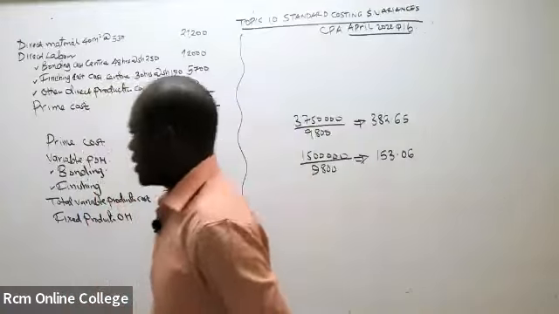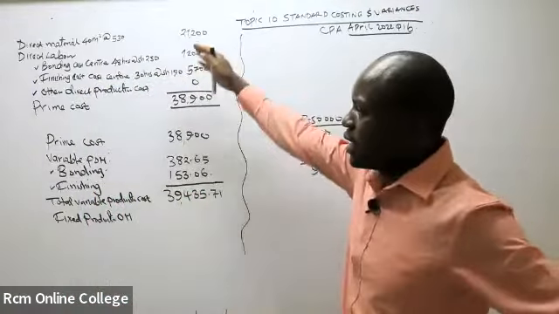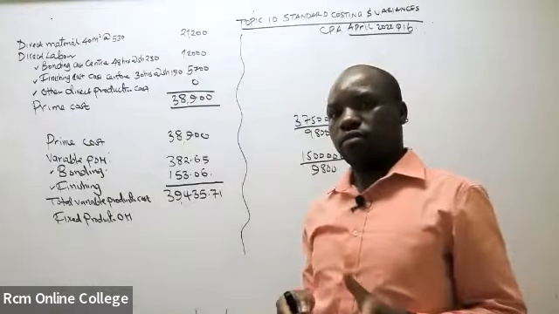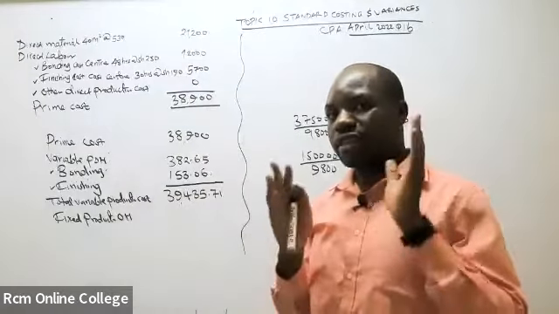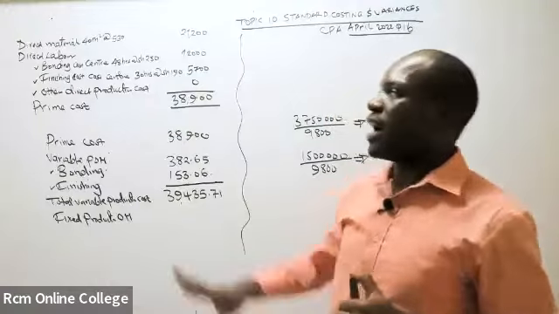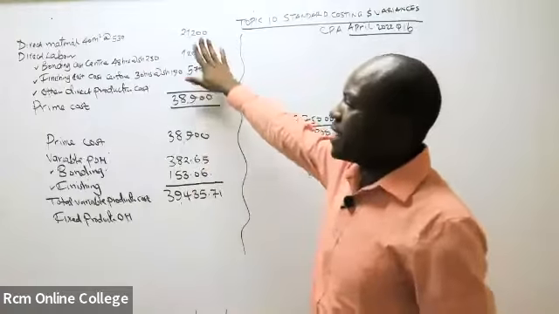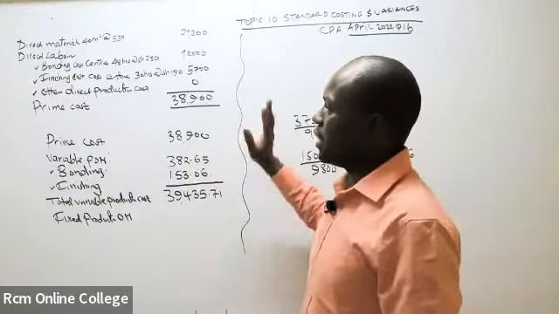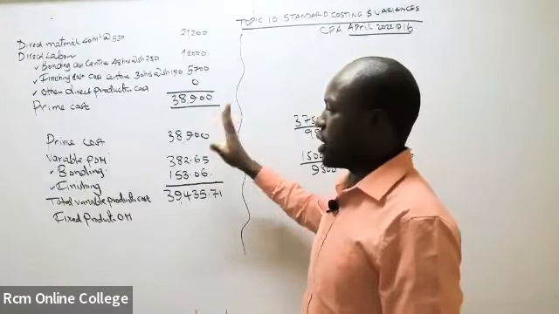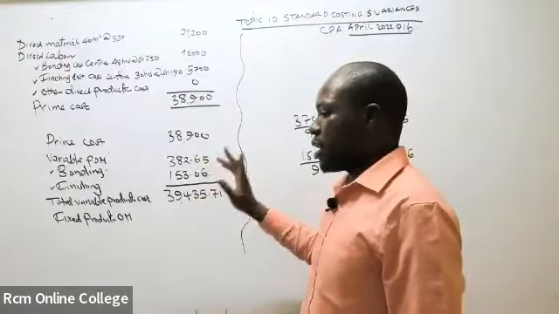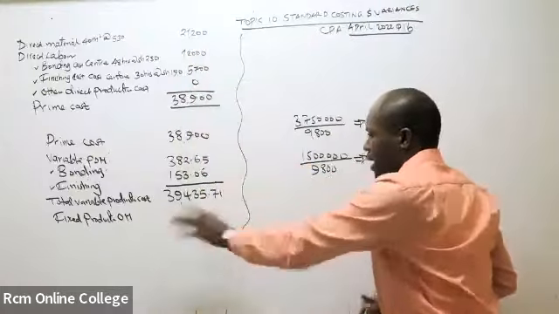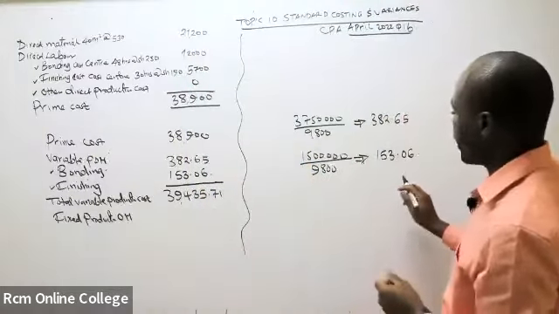Now, what you need to understand is what we are having here is as per the budget. So as per the budget, these figures will not change. What we are trying to do is just make sure that we get cost per unit. If you are given standards here, then you are told to get overheads absorbed.